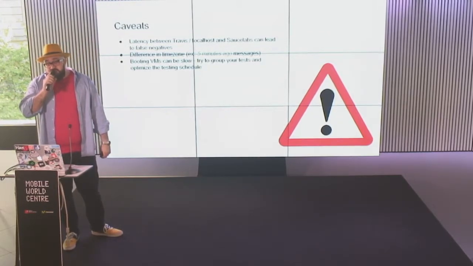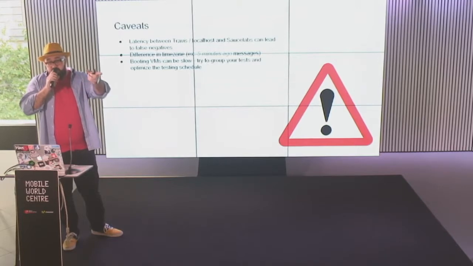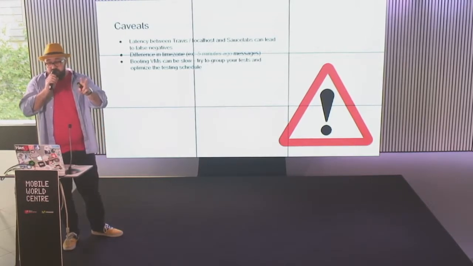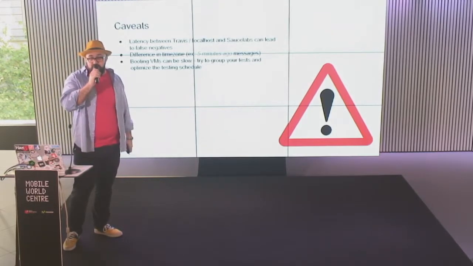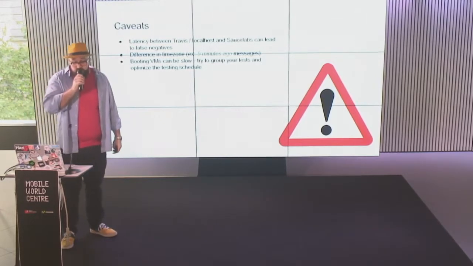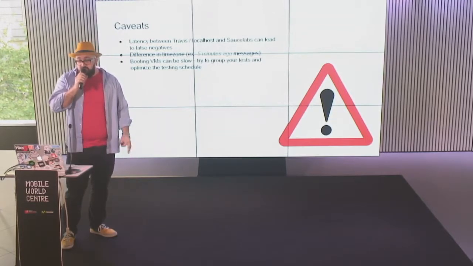Sometimes you generate something on the server, send it to the browser, and expect it to display something like 5 minutes ago, half an hour ago, whatever. Given the time zone difference, this may cause problems. I debugged one for about an hour, a couple of days ago. Also, booting VMs can be slow. So try to group your tests and optimize your testing schedule. You don't have to run all the tests on every commit.